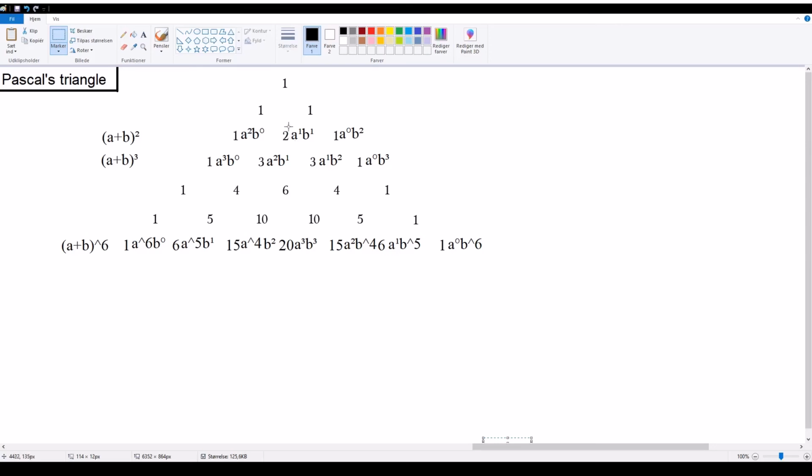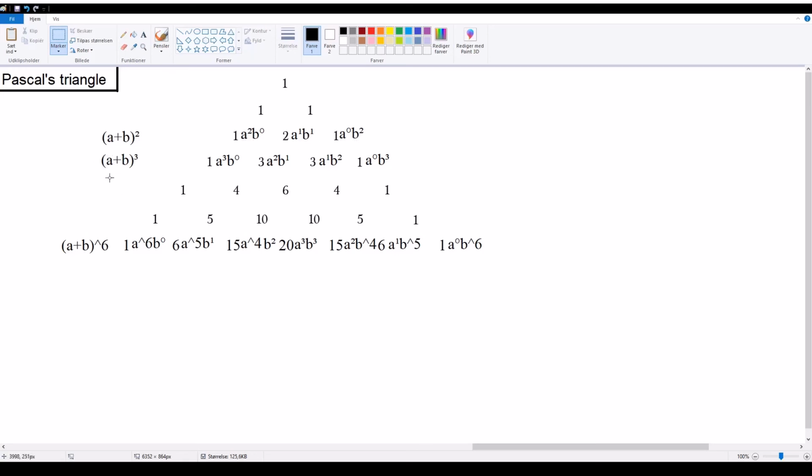And here you have 2a to the power of 1 b to the power of 1, which is just 2ab, and 1a to the power of 0 b to the power of 2, which is just b to the power of 2. You'll notice this is the same as before, where it's just a squared plus b squared plus 2ab.